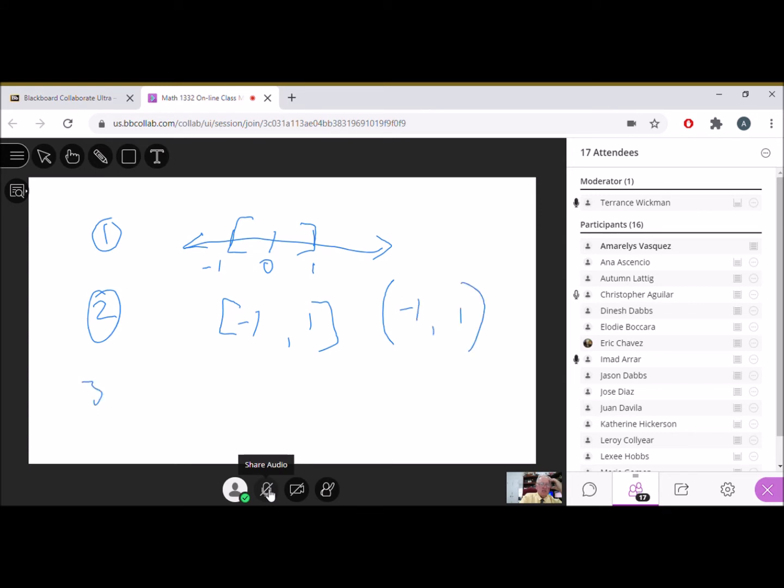And the last one is set builder notation, which means all x such that x is, and in this case, you would write less than or equal to 1.